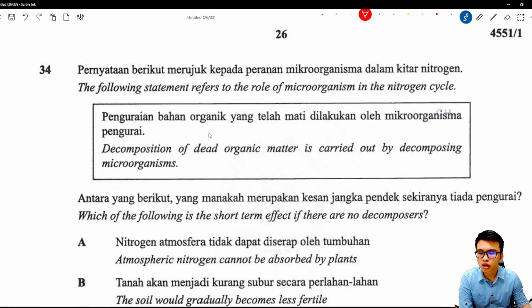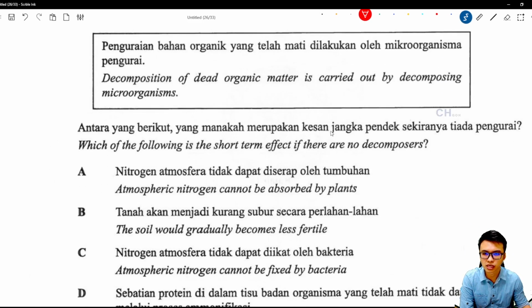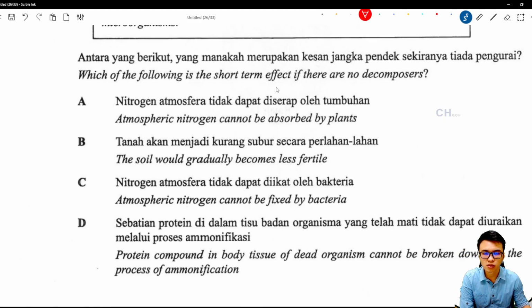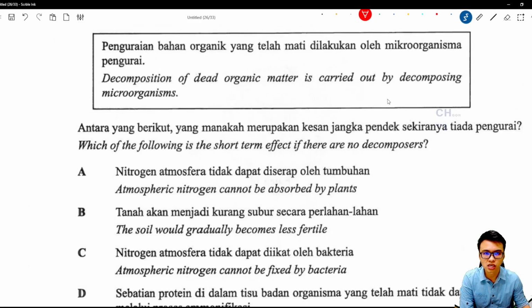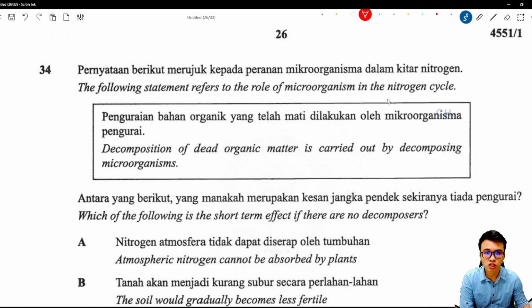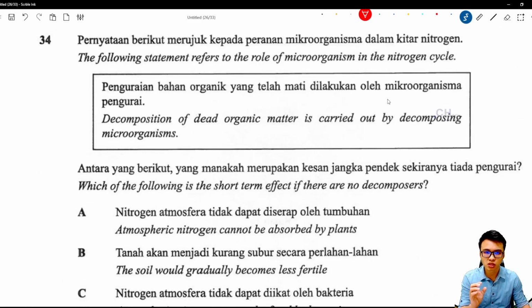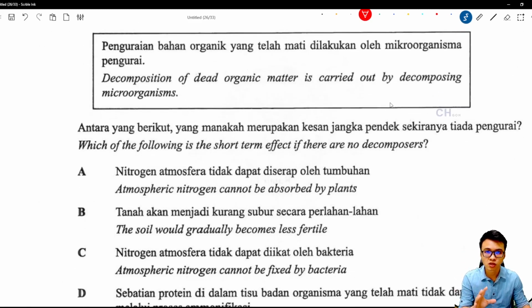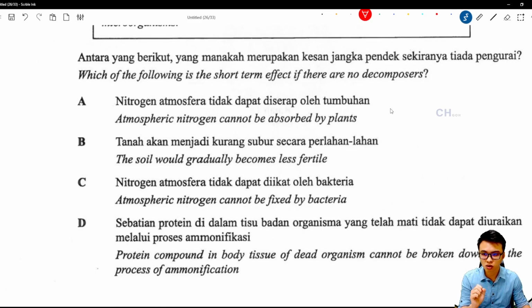Now continue to look at question 34. The following statements refer to the role of microorganisms in the nitrogen cycle. The decomposition of organic matter is carried out by decomposing microorganisms. So what is the short-term effect if there is no decomposer? Guys, if we are not able to decompose, the protein in our body will just remain in our body. So it will not return to the soil.